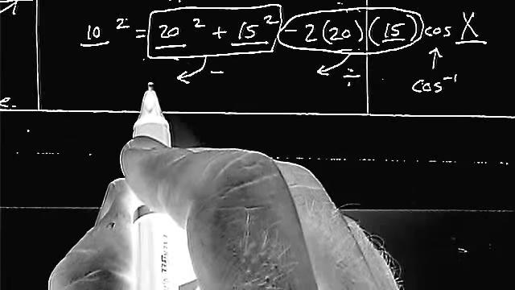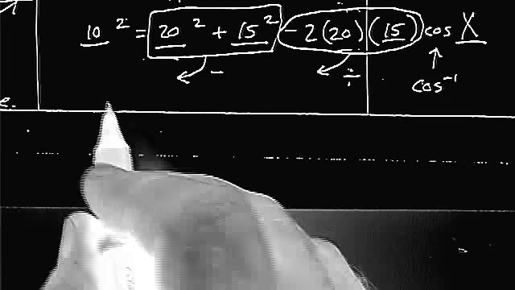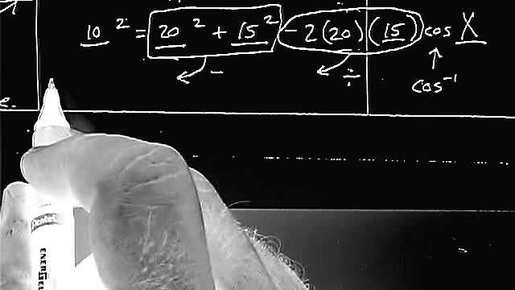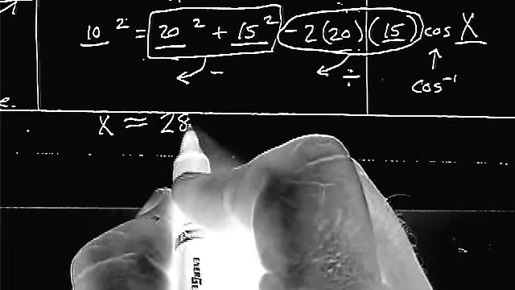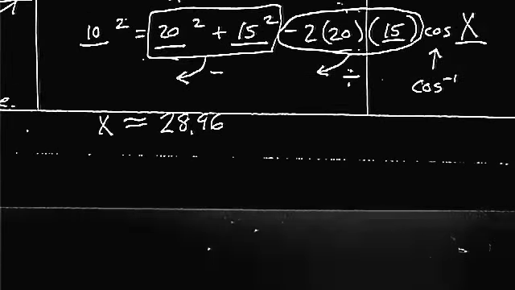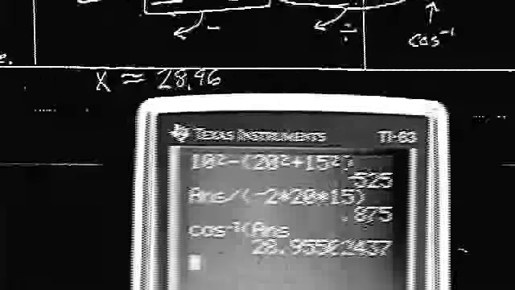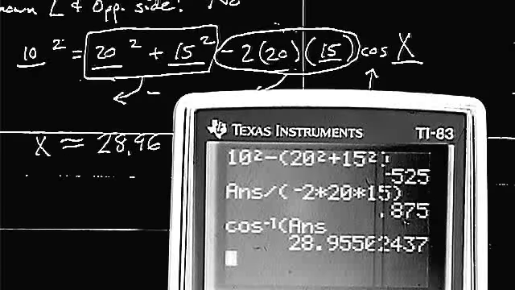So we subtracted, we divided, we inverted the cosine, and angle x was approximately 28.96. If it makes more sense to you to write out the individual steps with the individual numbers, then do it.